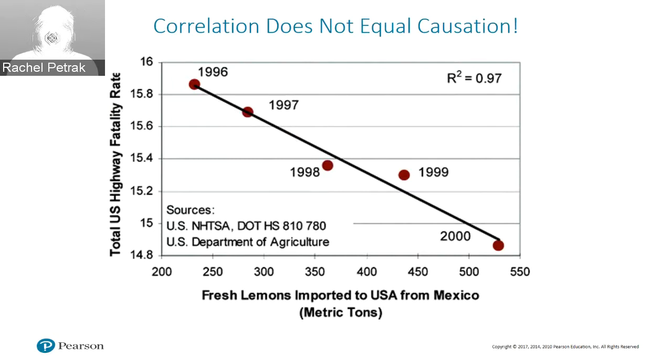And I would predict that there's a specific third variable that accounts for this decrease in highway fatality rates, that third variable being the seatbelt law. So it didn't used to be the law that you had to wear a seatbelt. It wasn't an enforceable law at any rate.